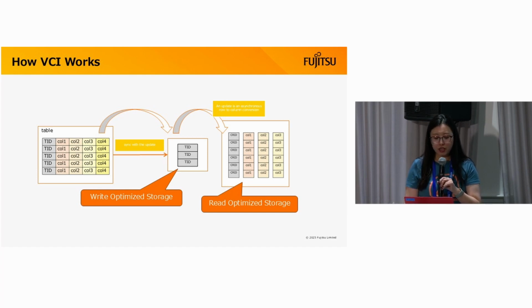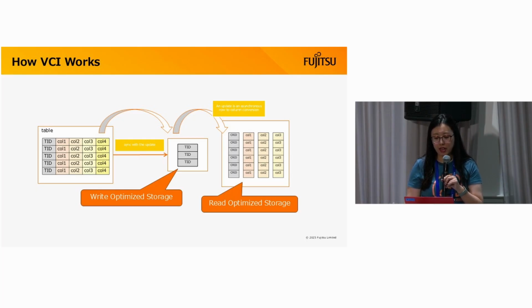The first is when you do create index. When creating a VCI for a table, use the USING VCI clause in the create index syntax and specify the target columns for the VCI index.